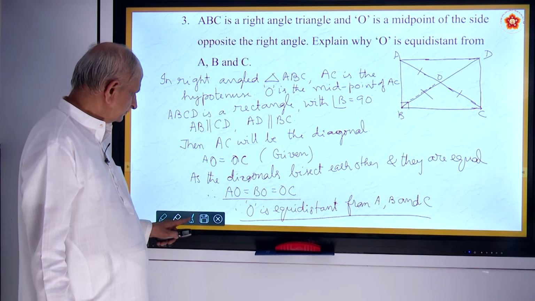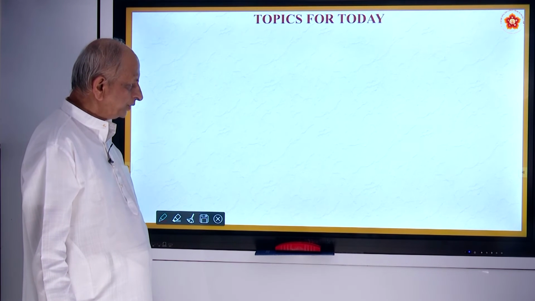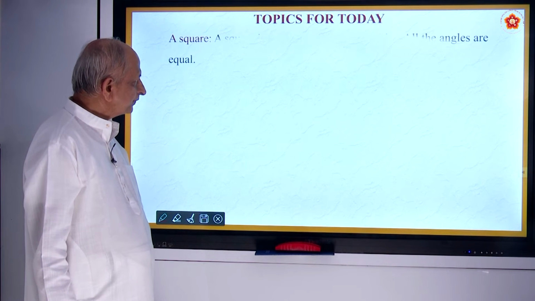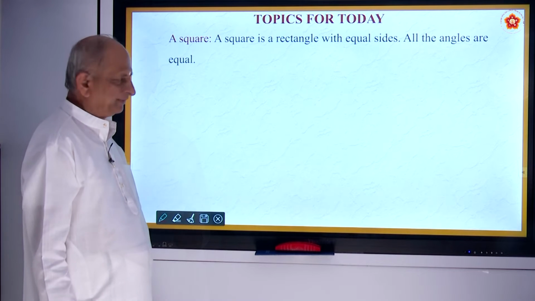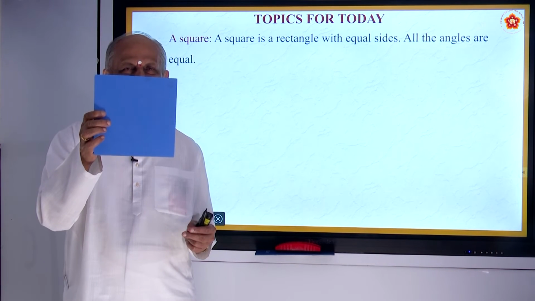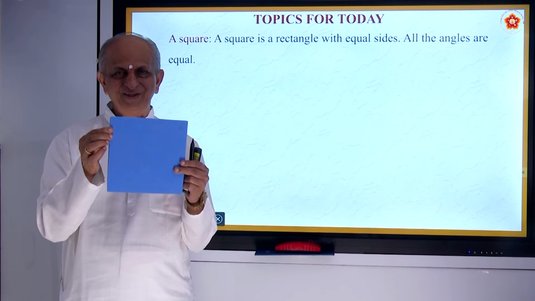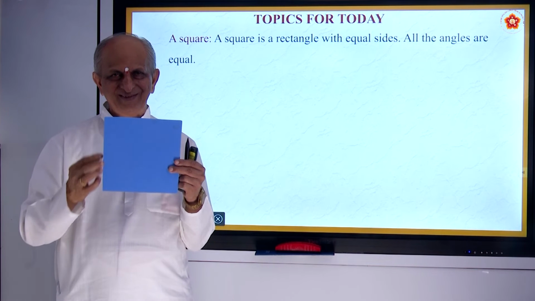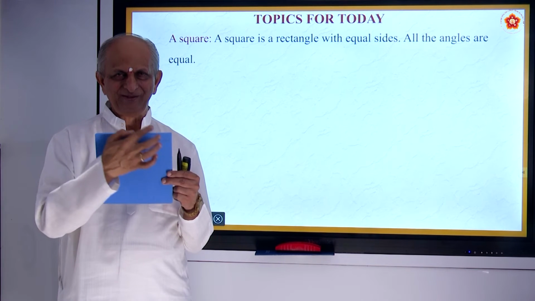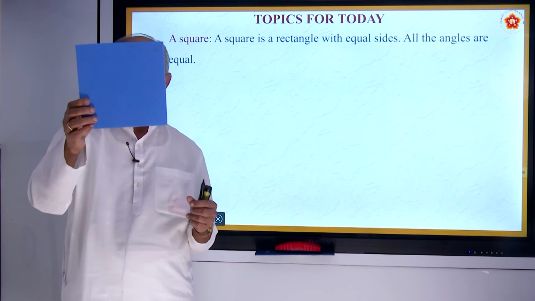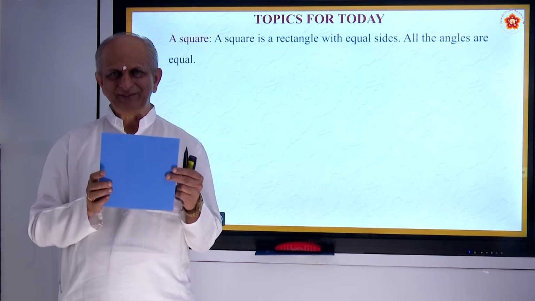Note down. We will pass on to today's topic. Today's topic is about square. So, this is a model of a square, but do not think of this thickness here. Okay, just take the boundary of it. It is called square. All of you have seen it. Here, what is speciality?